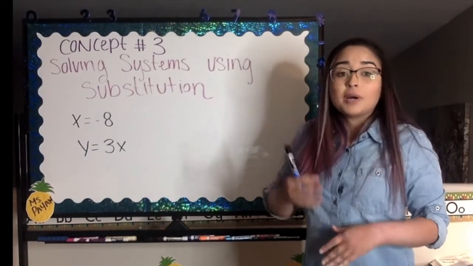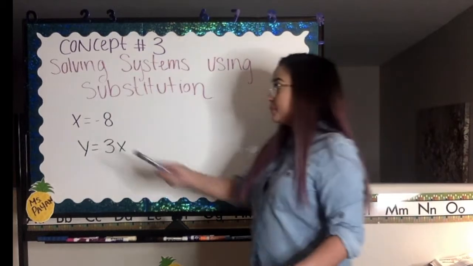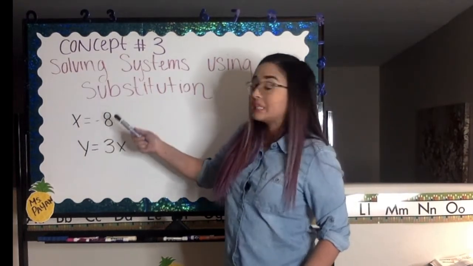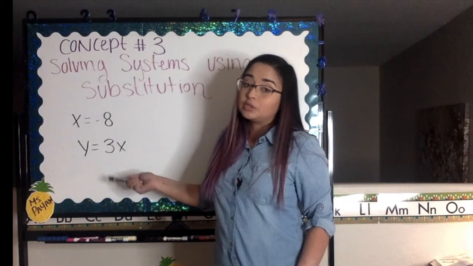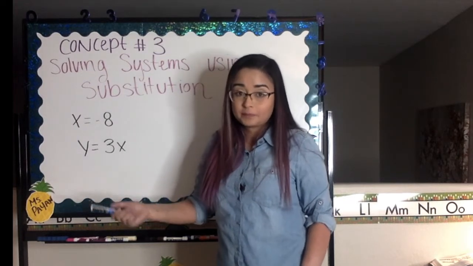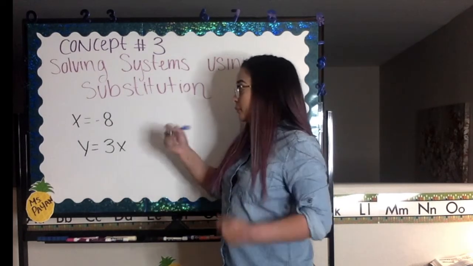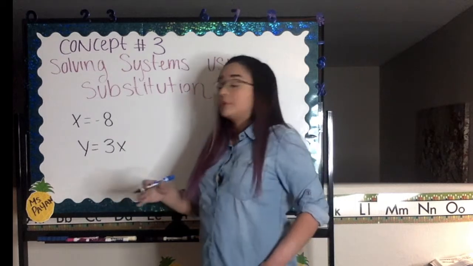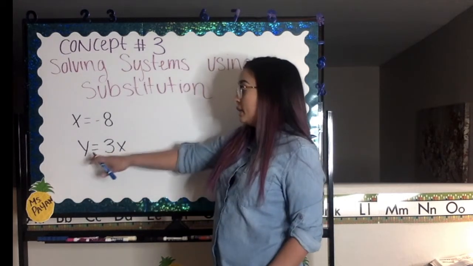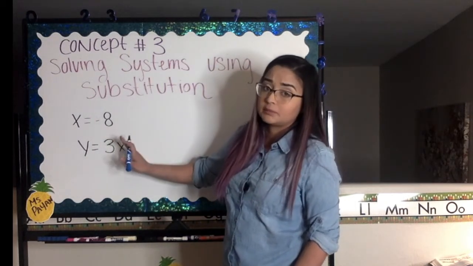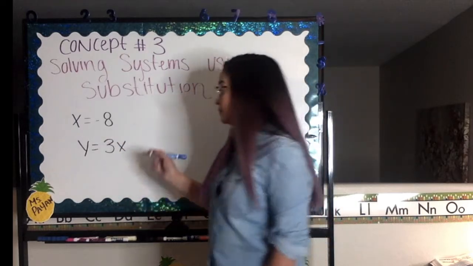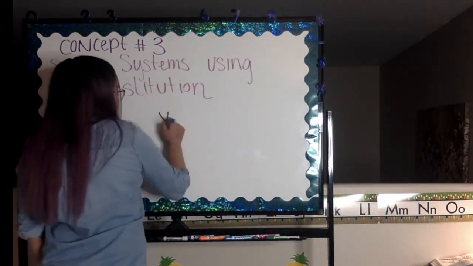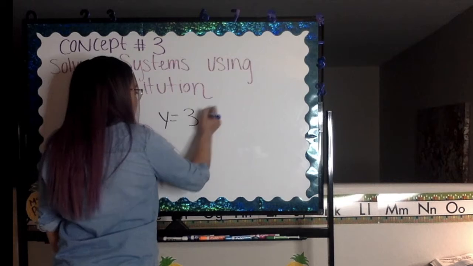Continuing, our next step is going to be substituting x in this equation, which was the value for y. Okay? So we're going to substitute y equals 3x. We're going to substitute the x with negative 8. So we're going to plug it in.